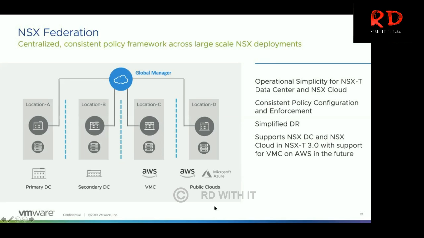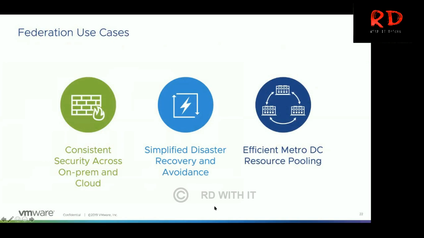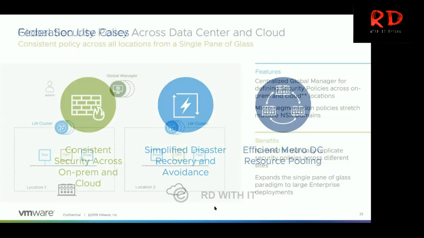They could be spread across your DC, your DR, VMware Cloud on AWS, and so forth, Amazon or Azure. We want to create consistent, easy to manage policy across all of those places. Then we can make your DR more simplified, or if you've got active data centers, make the policy easier to manage.